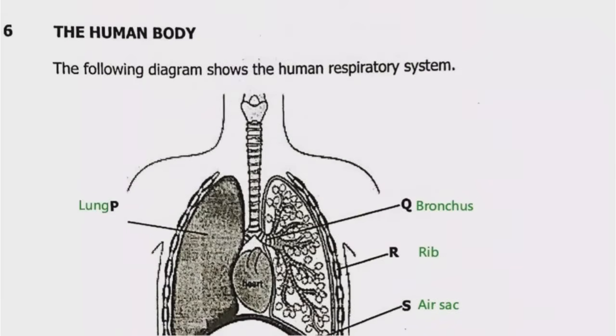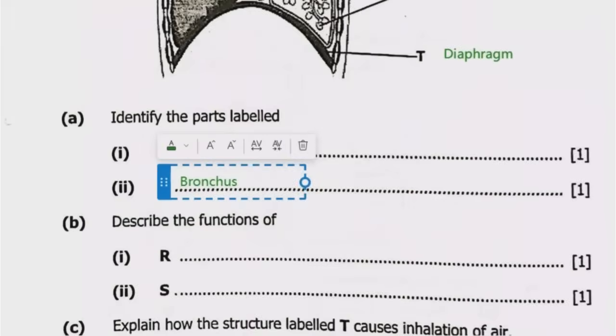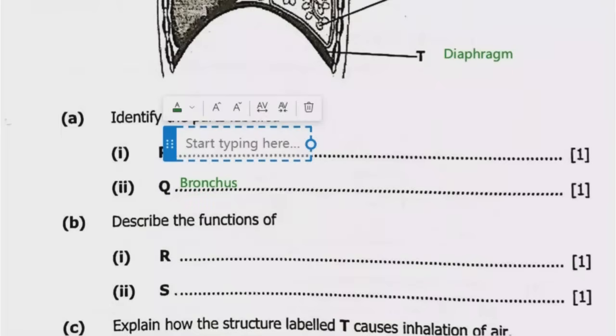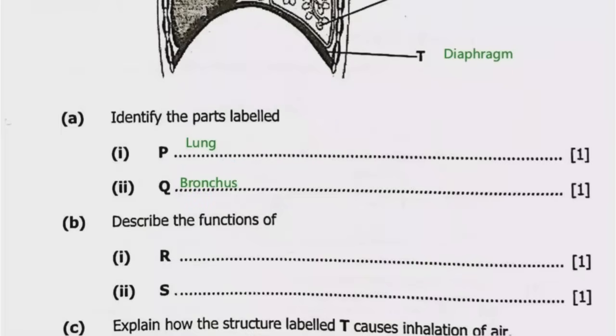Then P, we said that is lungs. So P, we are calling it lung. So P is lungs, Q is bronchus. In case you write lungs, the answer will still be correct, will be acceptable.